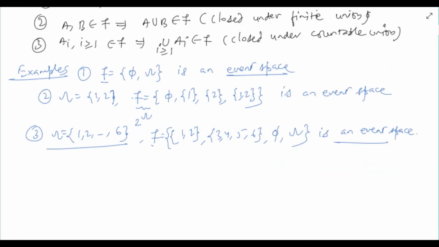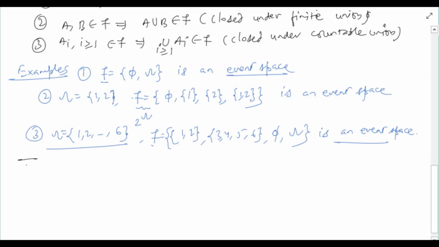At this point, let us recall De Morgan's laws from set theory. According to these laws, if A and B are two subsets of the sample space omega, then the complement of the union of A and B is A complement intersection B complement. Similarly, the complement of the intersection of A and B is A complement union B complement.